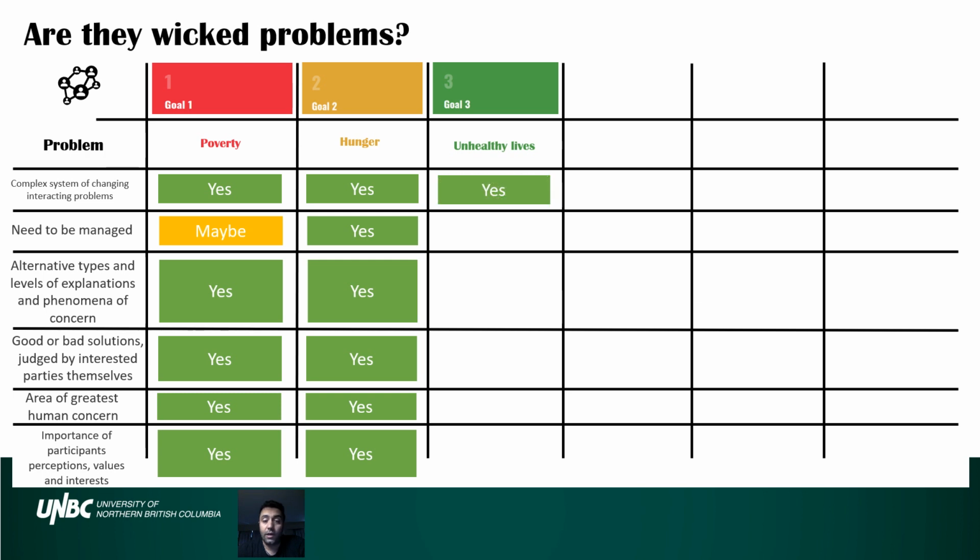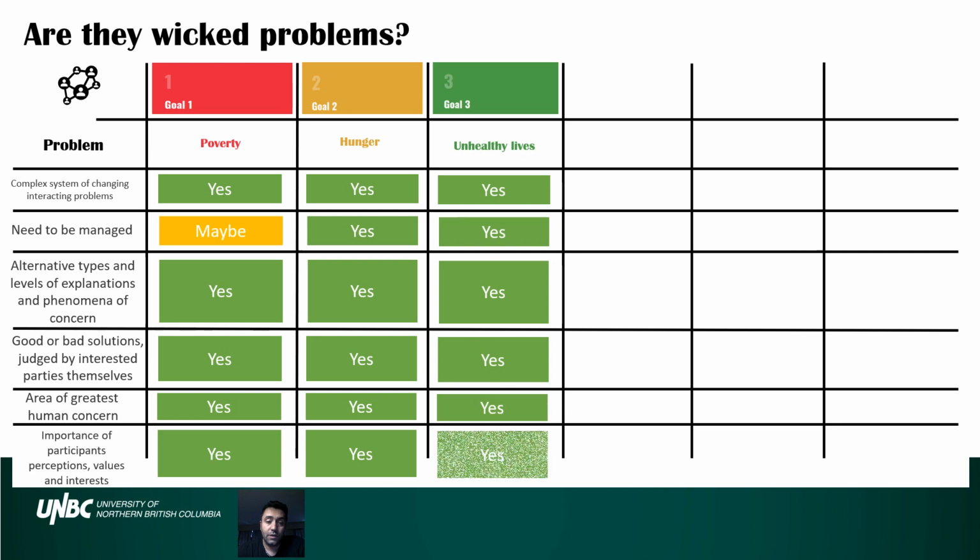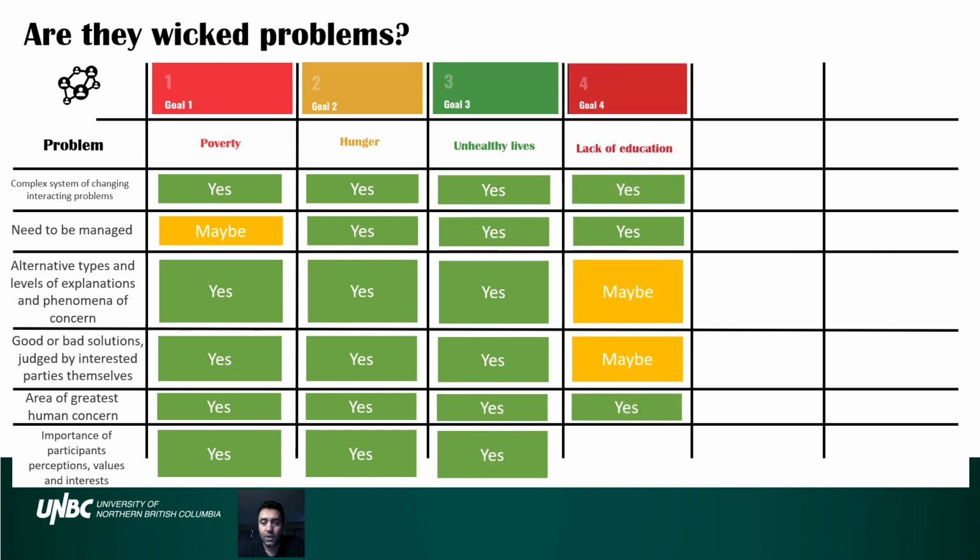Goal 3, unhealthy lives. You can see my answers. Lack of education, yes. And in alternative types or levels of explanation and phenomena of concern, maybe, it is according to alternative types.